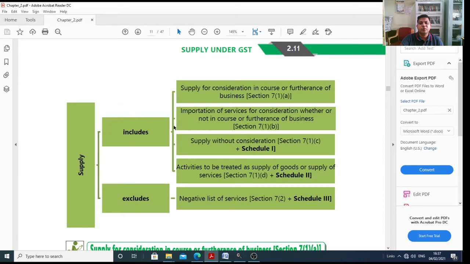Whenever we talk about supply, GST is applicable. Whenever supply is excluded, GST is not applicable.